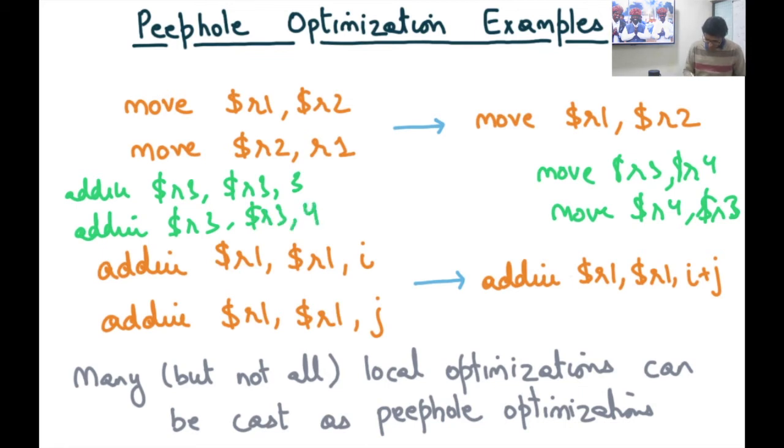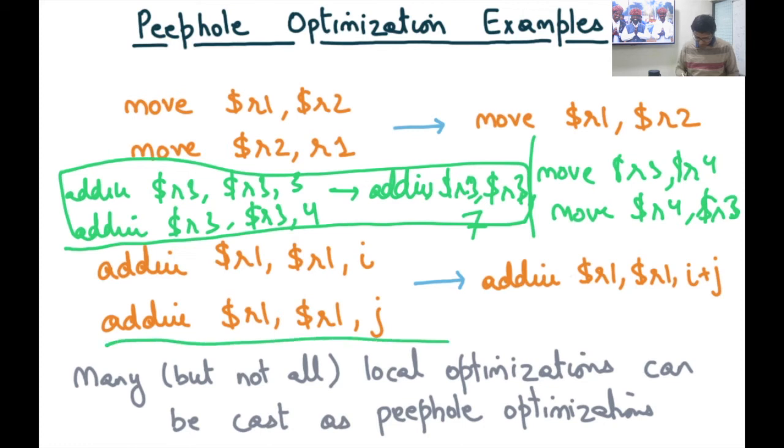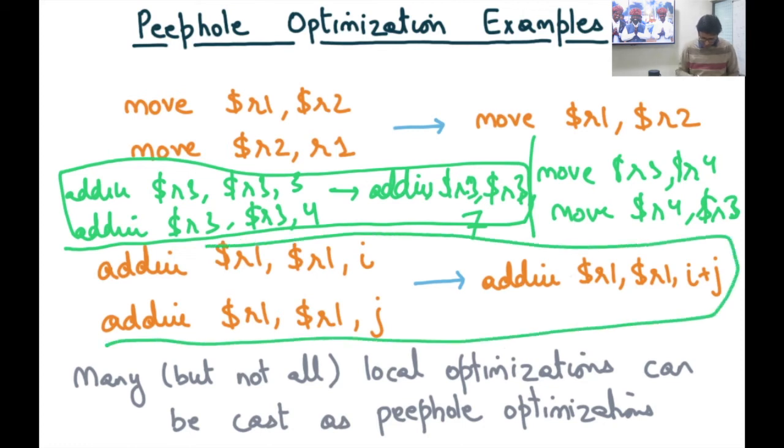And let's say I have 4, then this can be replaced with ADDIU R3, R3, 7. Okay, so notice that this particular transformation can be implemented by this particular peephole optimization rule.